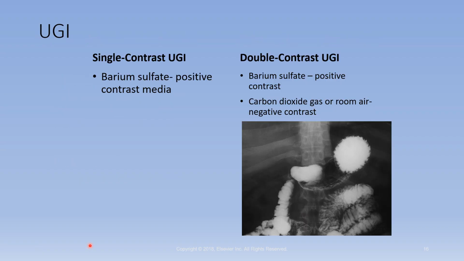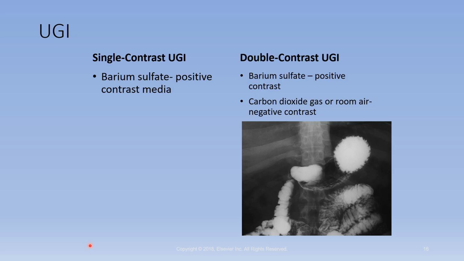All right, this part here, it is something to do with upper GI. I just kind of wanted you to recognize that they can order single or double contrast studies. Okay, so this is talking about an upper GI.